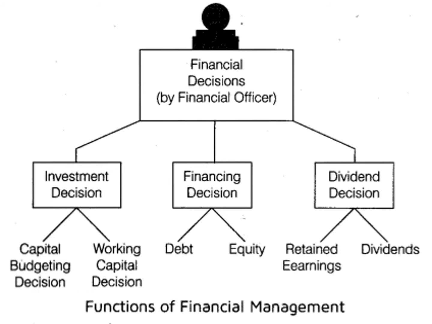Then is financing, from where to get that money. So here it comes in the form of debt and equity. And dividend decision, which comes in the form of retained earning and dividends to be declared to the people.